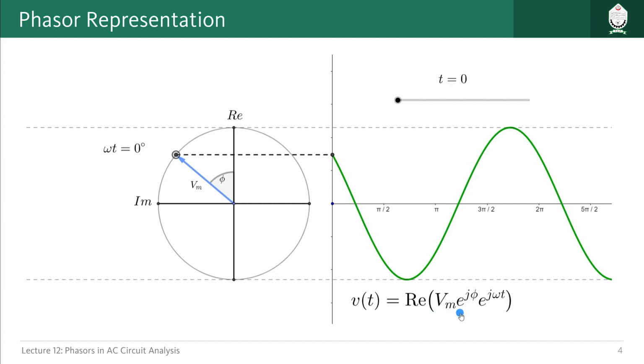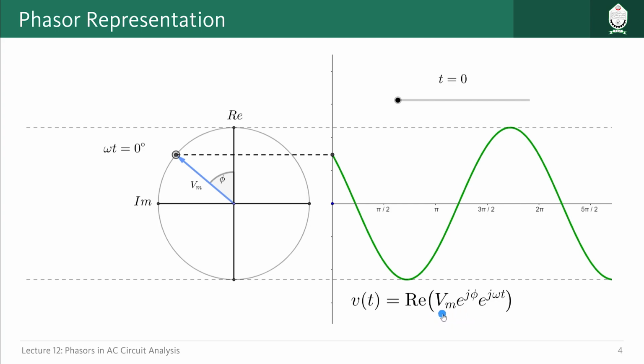Here, if we take t is equal to 0, what will happen? In this particular equation, e to the power j omega t should be equal to 1, because e to the power 0 is equal to 1. So we have vanished this particular portion.